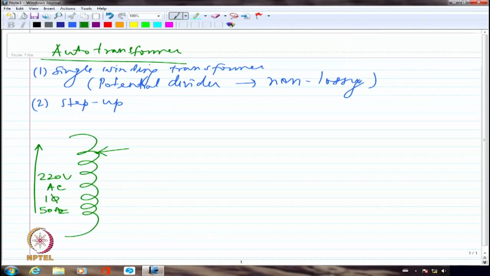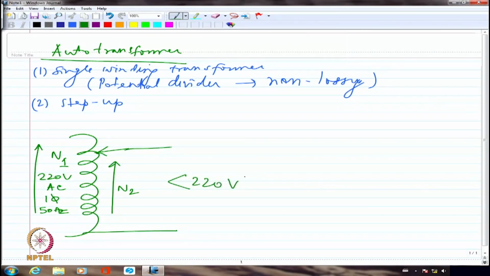So if I call this complete number of turns N1 and this the number of turns N2, what I get as the output will be slightly less than 220 volts.